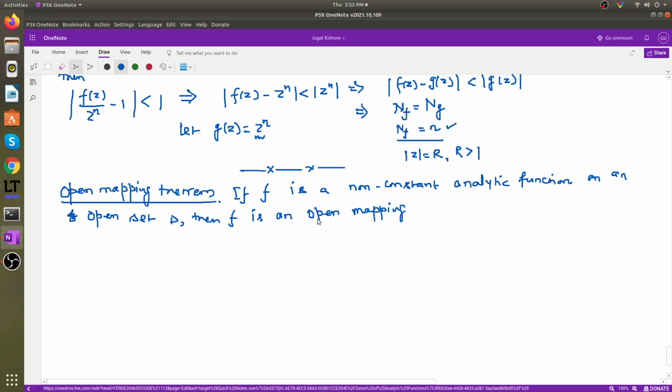We are saying that f is an open mapping. We can also say that f(D), that is the image of D under f, is an open set.